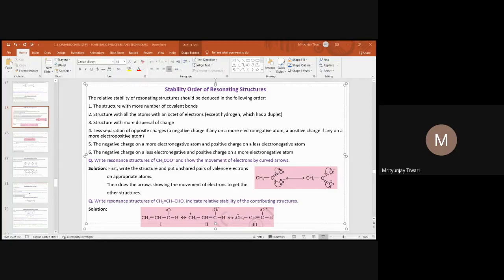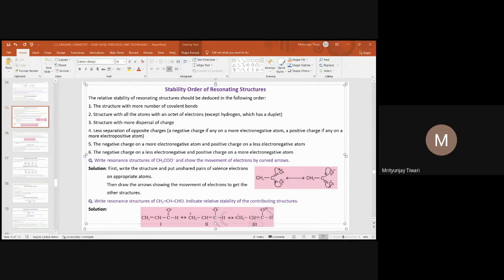The electrophilic attack only happens at these positions, and these two positions are called ortho positions and this position is called the para position. So such groups with the plus R effect are called ortho para directing groups, because of the resonance effect, the plus R effect, of this amine group.